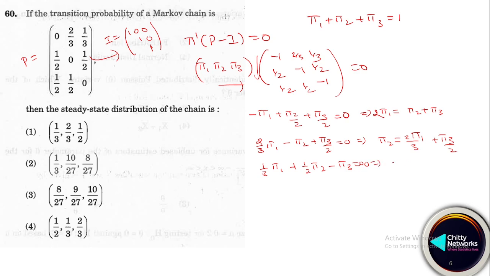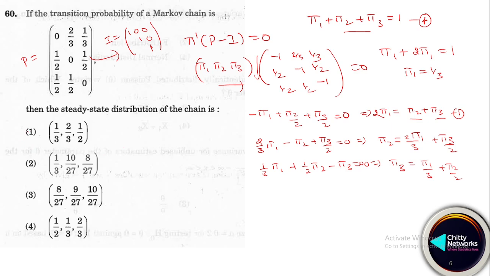So this implies pi 3 is pi 1 by 3 plus pi 2 divided by 2. We call the first equation star and this equation number 1. So pi 1 plus pi 2 plus pi 3 is equal to 1. I am substituting pi 2 plus pi 3 from equation 1 into equation star, so 2 plus 1 is 3, which implies pi 1 is equal to 1 by 3.